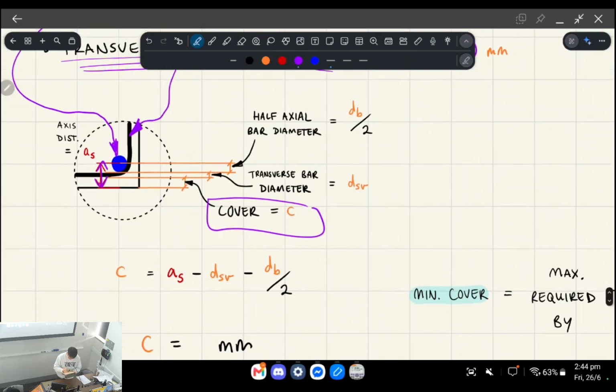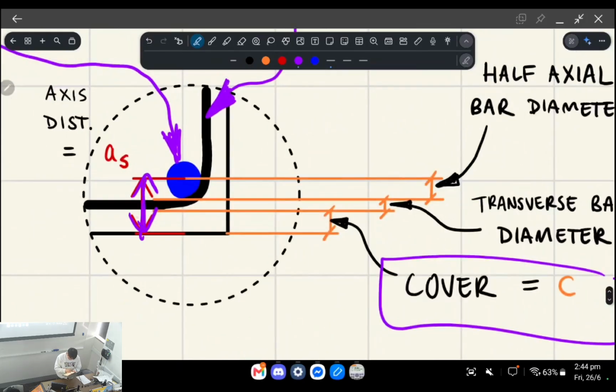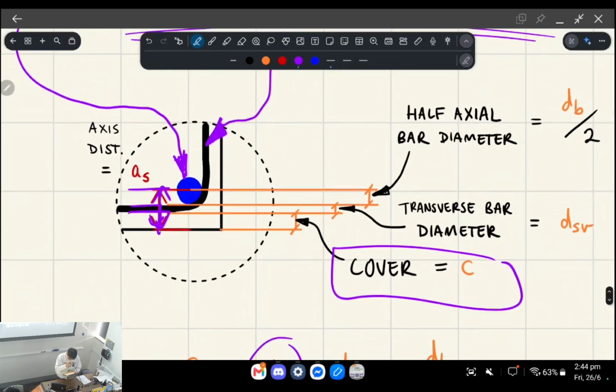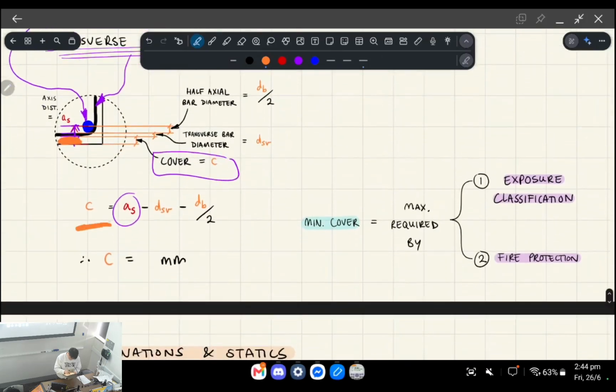We know AS. So do AS, subtract the stirrup, so we're doing this whole thing. We're subtracting the stirrup, and then we're subtracting half of the diameter of the axial bar, and that gives us the remainder being just the cover. Okay, so that's what we're ultimately solving for.